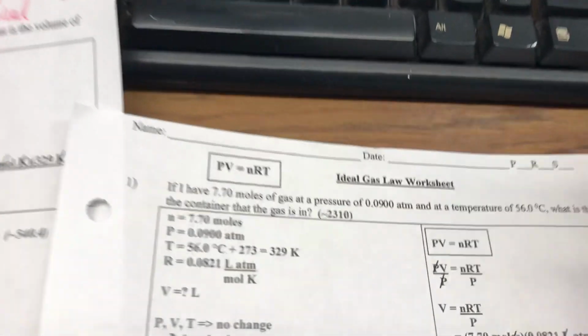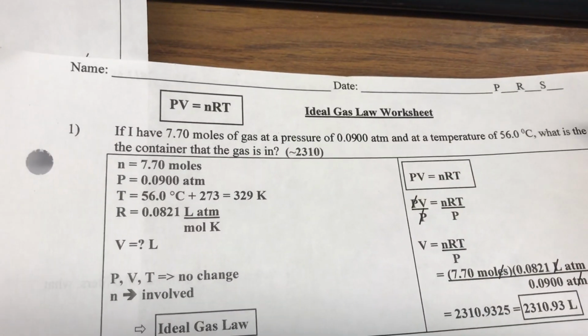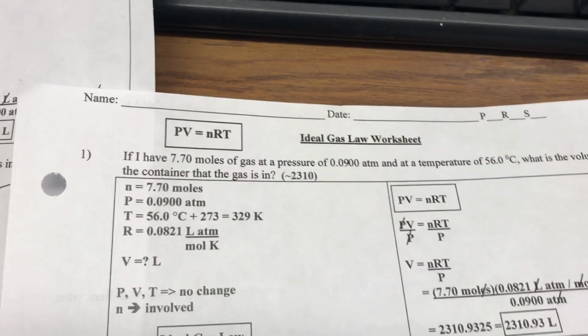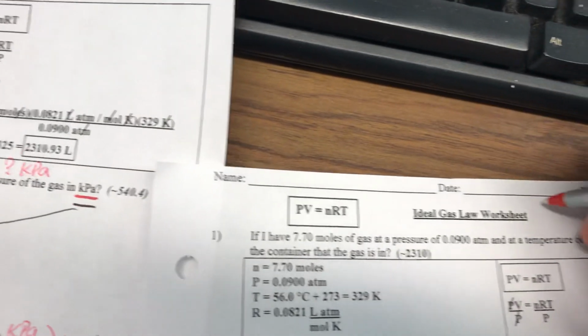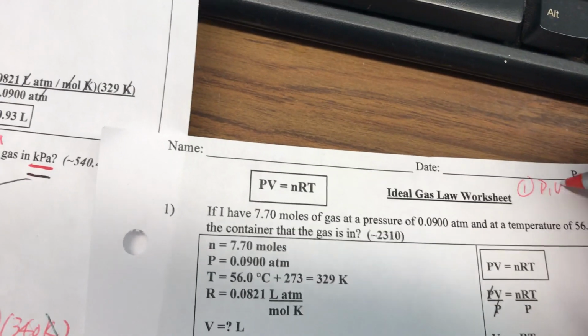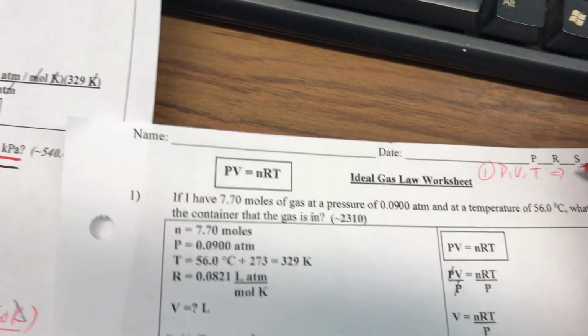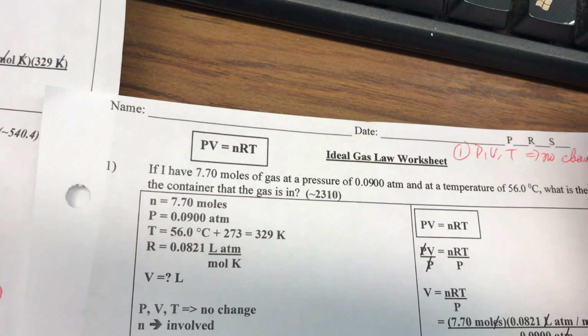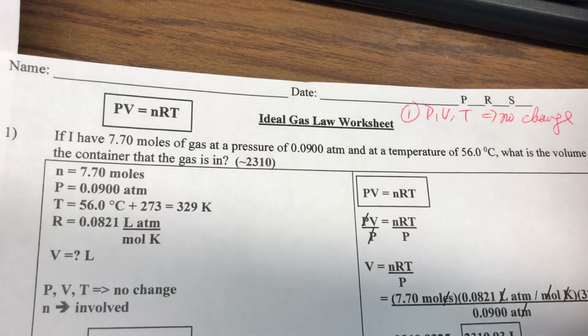Now, how do I know that I need to use the ideal gas law, so that I will not confuse it with the combined gas law? The ideal gas law has two ideas. One is that pressure, volume, and temperature will have no change.